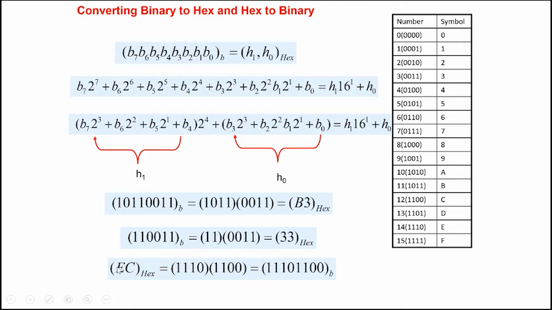So you write each one of them as 4 bits, 4 binary bits to represent E, and 4 binary bits to represent C. And then remove the bracket, and that becomes the binary number here. So note that the conversion of binary number into hex and hex to binary is just straightforward. And therefore, many times when we have big binary numbers, we don't write them as binary numbers, we write them as hex numbers, because it's a much more compact representation.